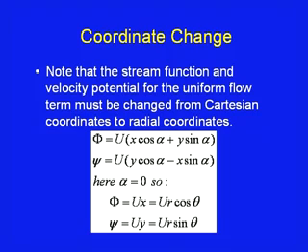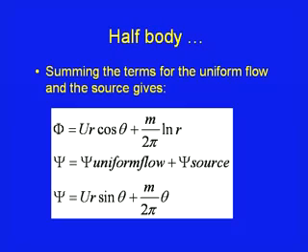The half body is obtained by superimposing a source in a uniform flow field as described in this figure. Since the source is superimposed over a uniform flow, with respect to the superposition principle we can write the potential function phi is equal to u r cos theta plus m by 2 pi natural log r.